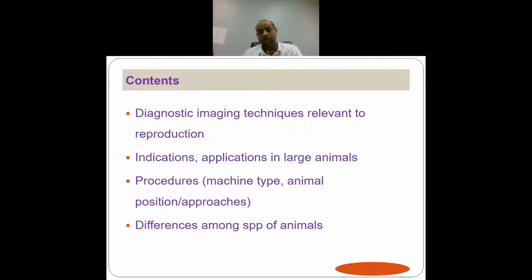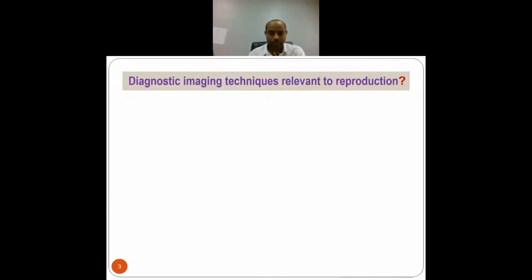We'll have a look at the procedure itself, the different types of machine that we have in the ultrasound, and also the positioning and the approach for the application of the ultrasound in large animals. And on top of that, we'll see the main differences across the different species of animals in terms of the application of the ultrasound in reproduction.